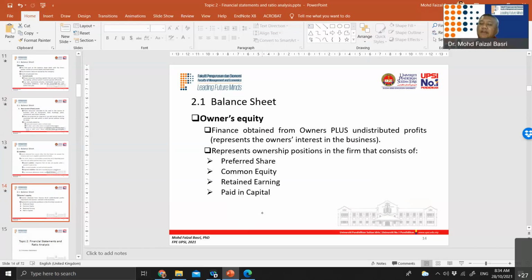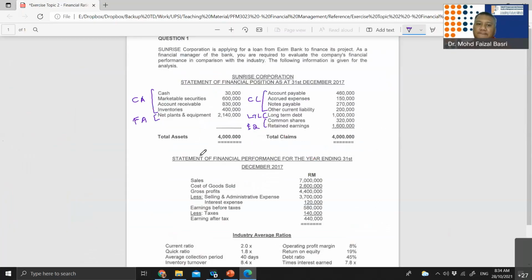So in total, you can label 5 different sections under the balance sheet: current assets, fixed assets, current liabilities, long-term liabilities, and equity. This is the only part that you need to label, because the rest is the income statement, or statement of financial performance, which is the other name for the income statement.